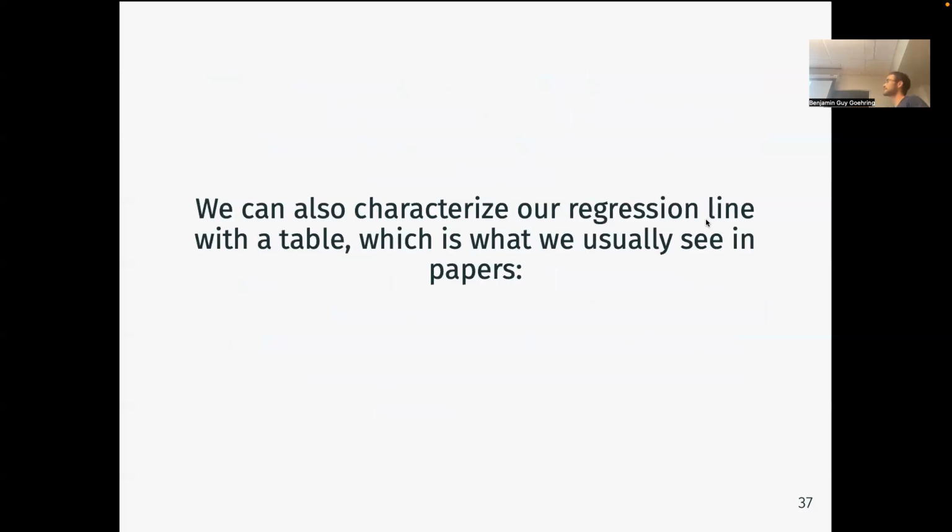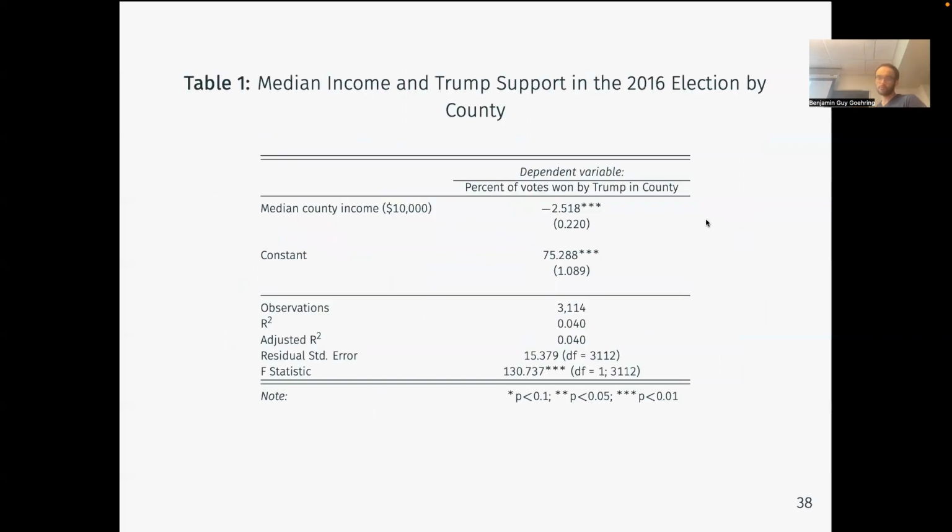Okay, so just a few more things. Let's take what we've talked about so far visually and apply it to what you're usually going to see, which is a regression table. So here is the same thing that we've been doing, just expressed as a table.